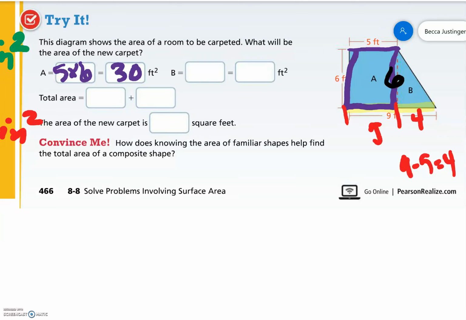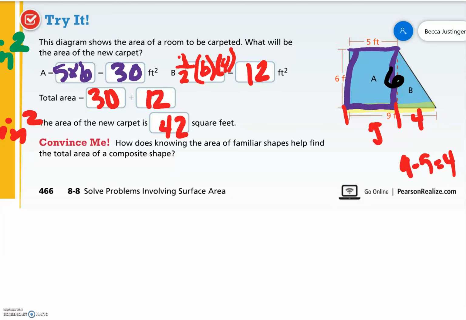So our base is 4. So B is 1/2 6 times 4. 6 times 4 is 24, and half of that is 12. So then we add that together, 30 plus 12, to give us 42. The area of the new carpet is 42 square feet.